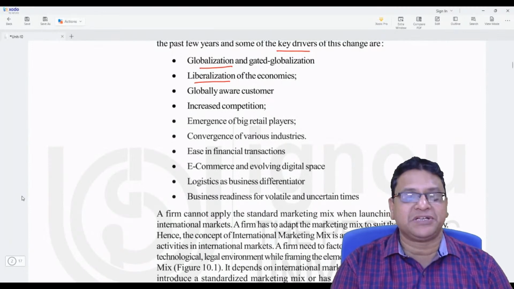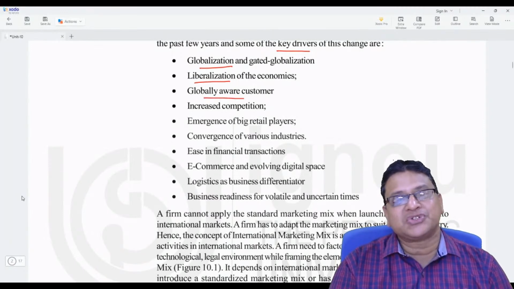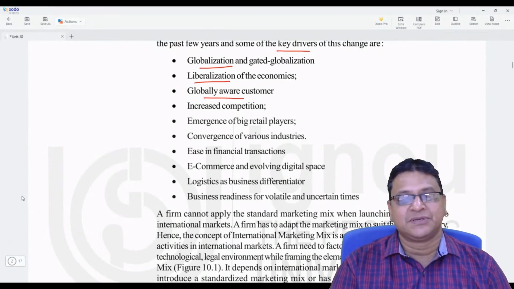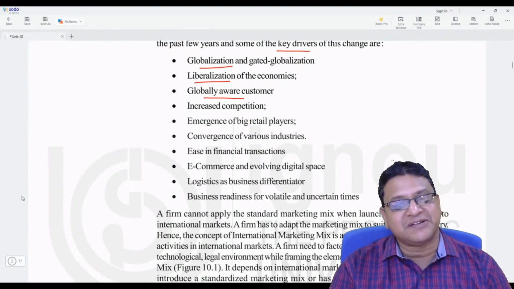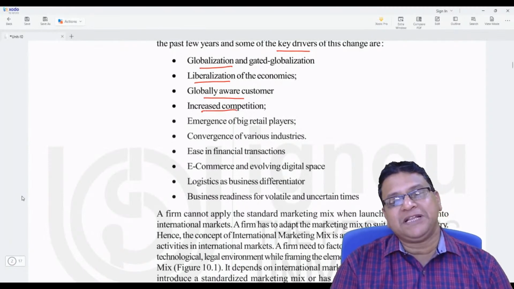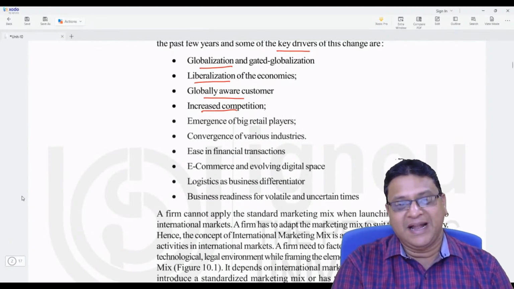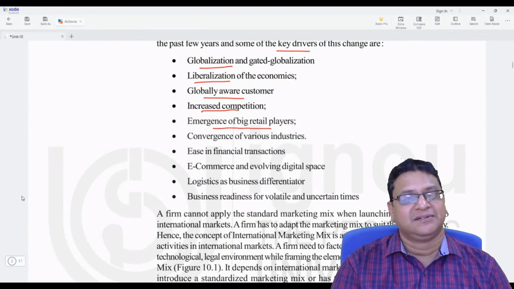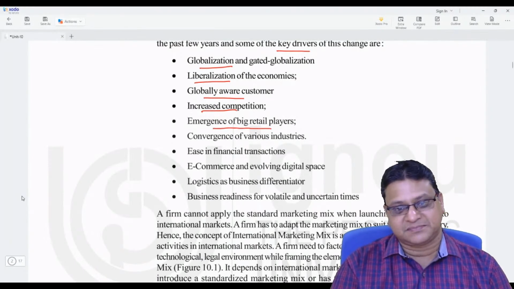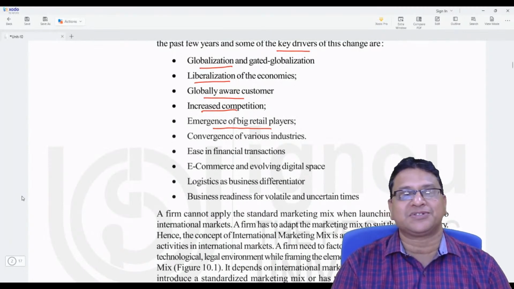They invite foreign players to their economy, and there are globally aware customers. Customers are now better informed. The entire world is at their fingertips with the help of mobile and internet connectivity. There is increased competition. Nowadays, companies are competing not only locally but also globally. And with the emergence of big retail players like Walmart, they have made global products available to local customers.